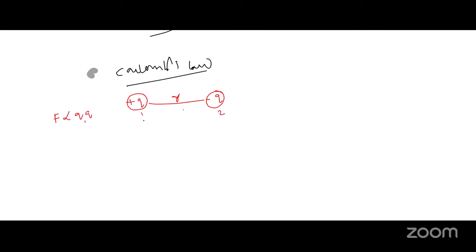And it is also inversely proportional to the square of the distance between them. By combining this equation, what is the proportionality constant?